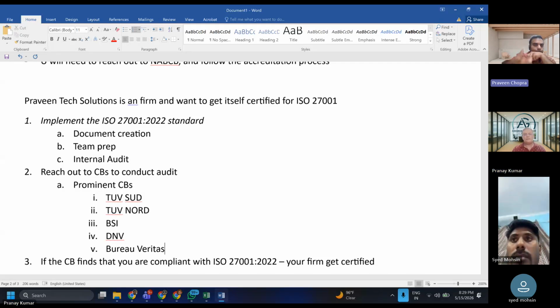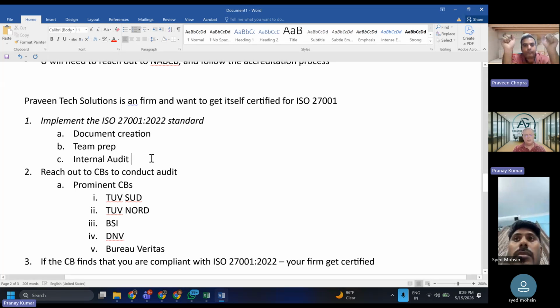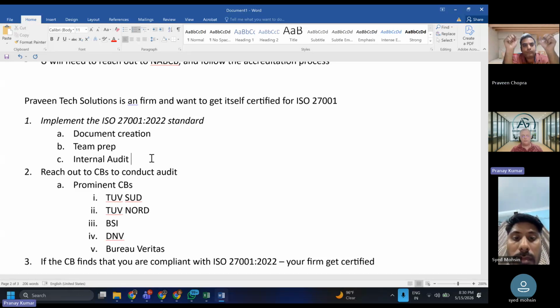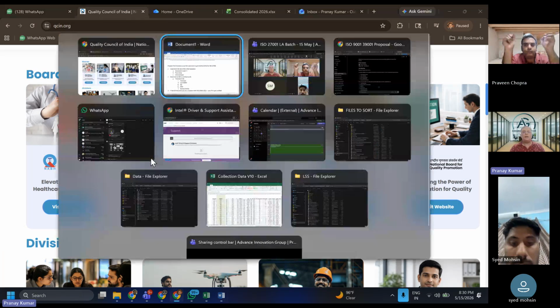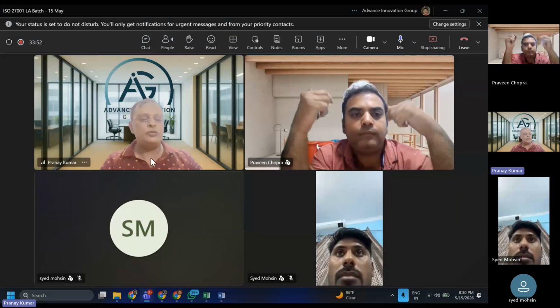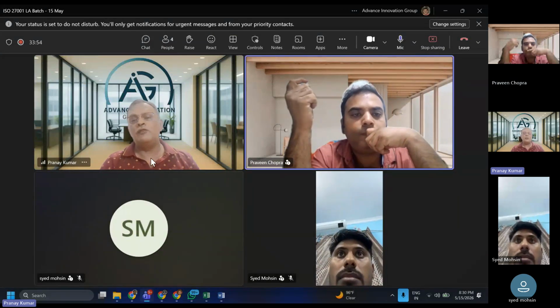Can the internal audit be owned by the company itself? It can be done either way: through consultants like us, or through internal people. Both are acceptable. A company should have someone to maintain the ISO 27001 level. Otherwise, because of pricing issues, you will not hire the consultant full time.